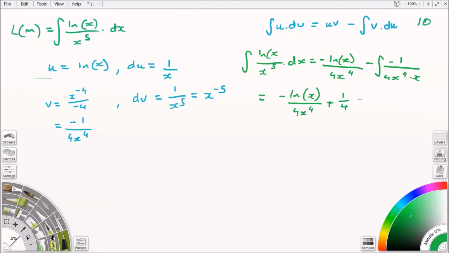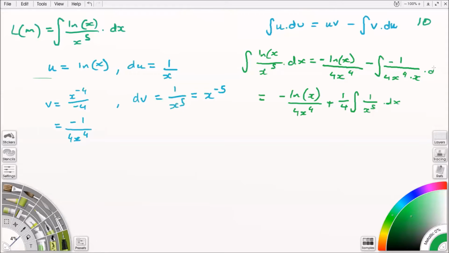So I'm just bringing out this, and now we can integrate. We can combine these x's here so that it's simply 1 over x to the 5, dx.